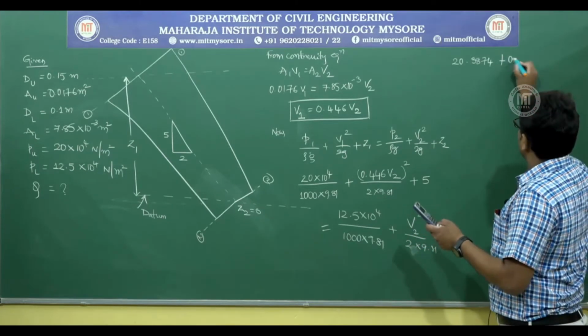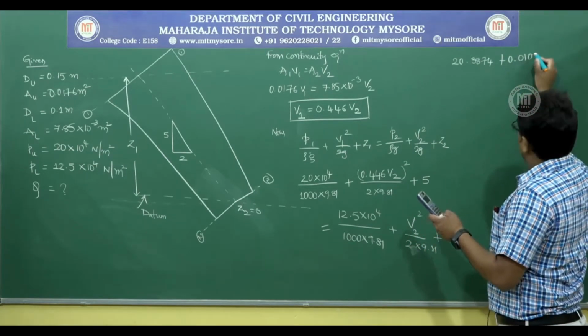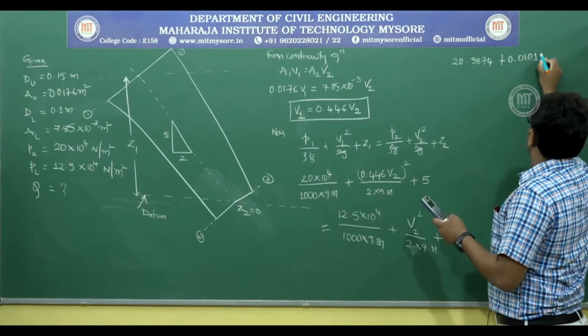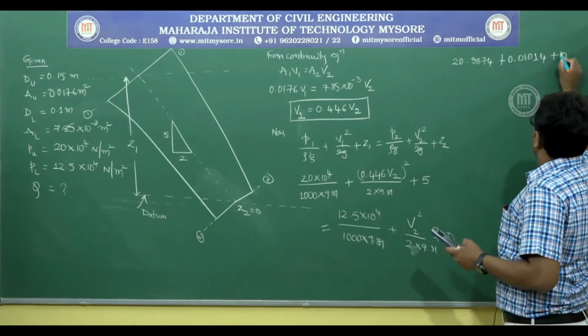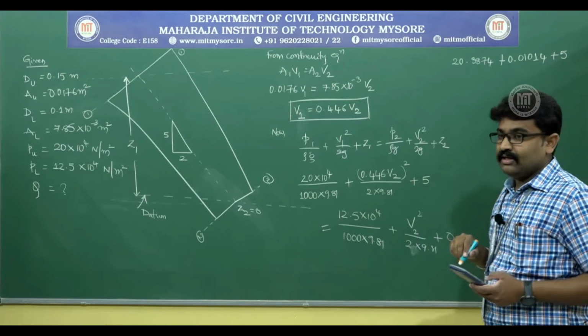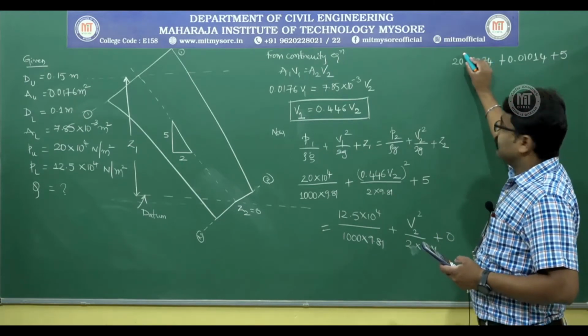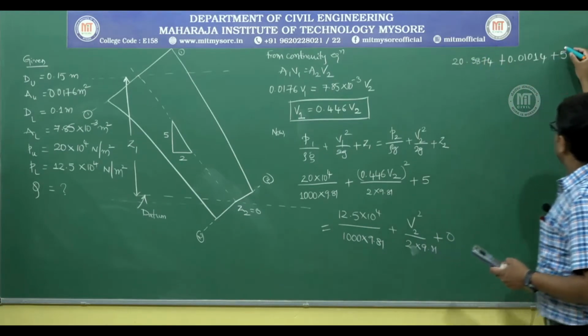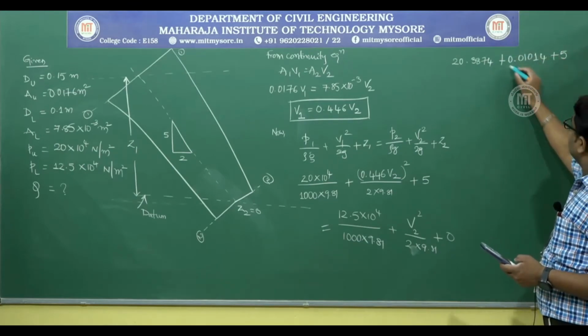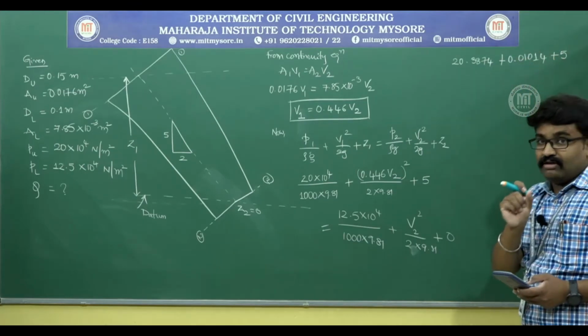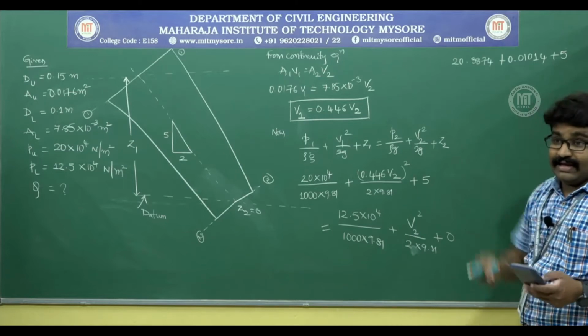So, that fetches you 0.01014 plus 5. I will write it as it is. You can observe very carefully, this is a relatively higher value, but this is a very small value, that is the kinetic head.